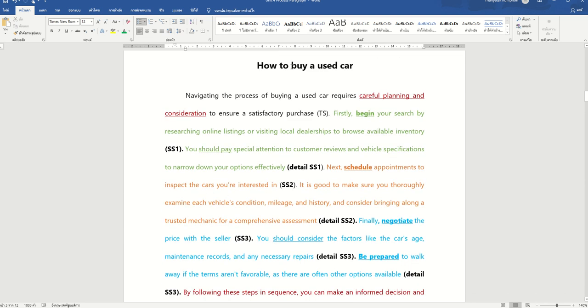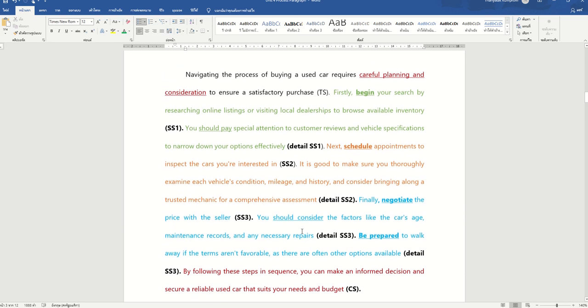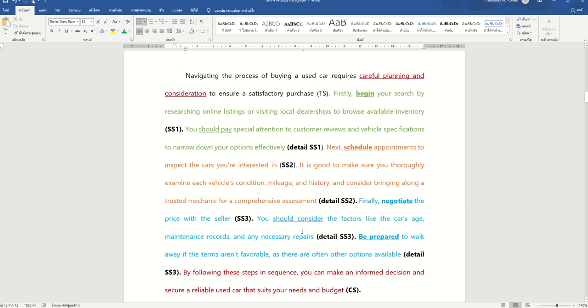All right, how to buy a used car. Here, this is my paragraph. It is a colorful one, right? The reason why I colored this paragraph is I would like you to see the different elements of the paragraph. As we know, we need to start the paragraph with what?